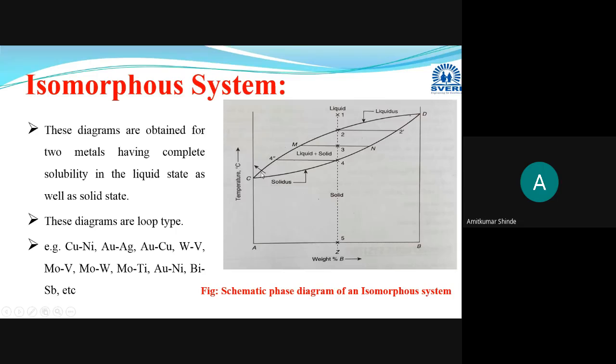As here the curve is uniform, only one cooling curve is sufficient. You have to explain the cooling curve with the help of microstructures also. For each region you have to draw the microstructures. Okay, please draw that diagram for the isomorphous system.